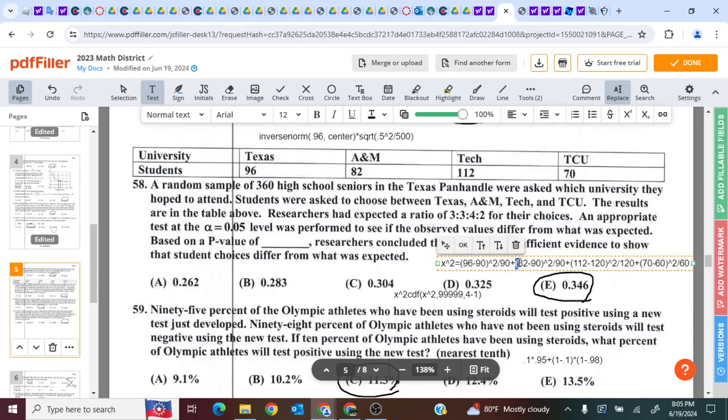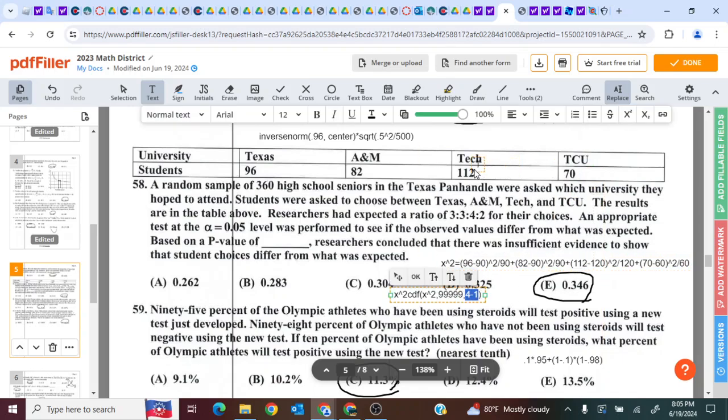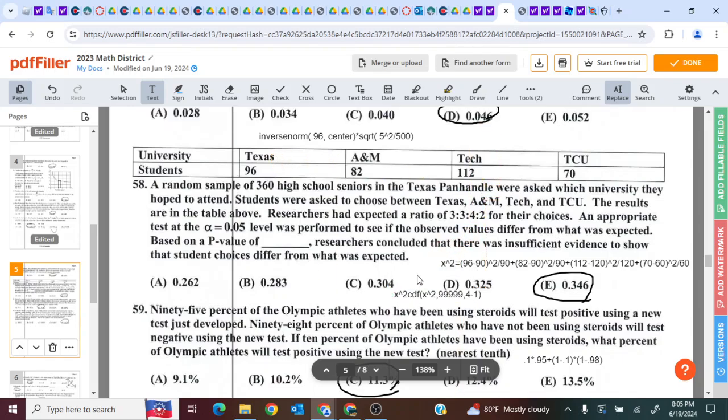You do that for all of them, so 82 minus 90 squared over 90, 112 minus 120 squared over 120, and so on. That gives you your x squared value, as I like to call it. I don't know if that's technically what you call it. Then you do your x squared CDF, with the x squared value you got here, a maximum of infinity, and your DF is the total number of schools minus 1. If you do that, you'll get a value of 0.346.